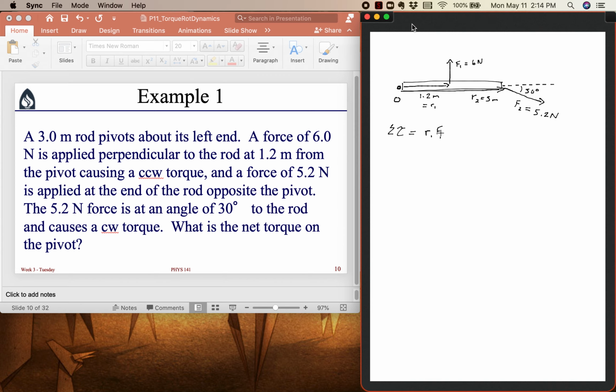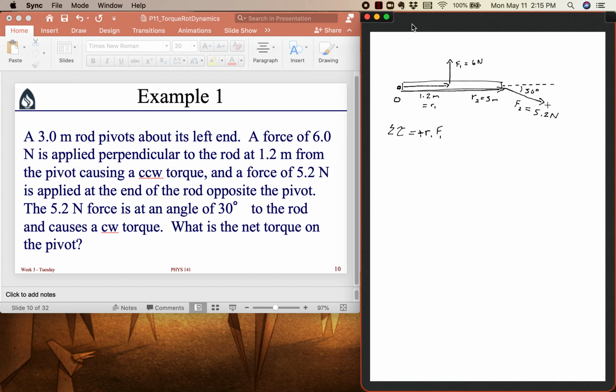So I can just leave that off because I know I'm just multiplying these two numbers by 1. Then I also have to think about the sign of this torque. So this force alone causes the rod to rotate in a counterclockwise fashion, and that means that this is a positive torque. So this torque is positive. I don't need a negative sign for this particular torque.